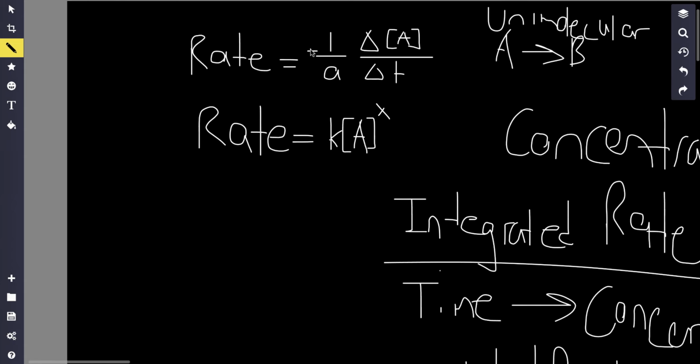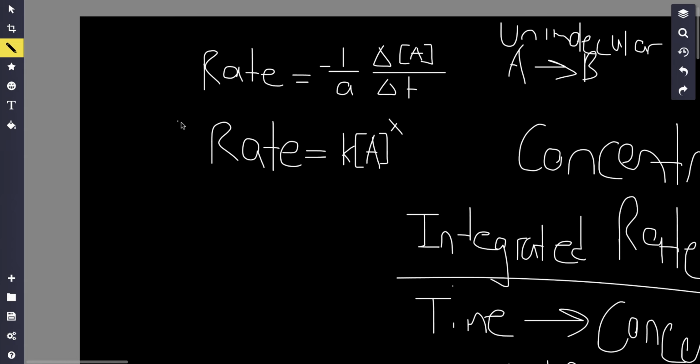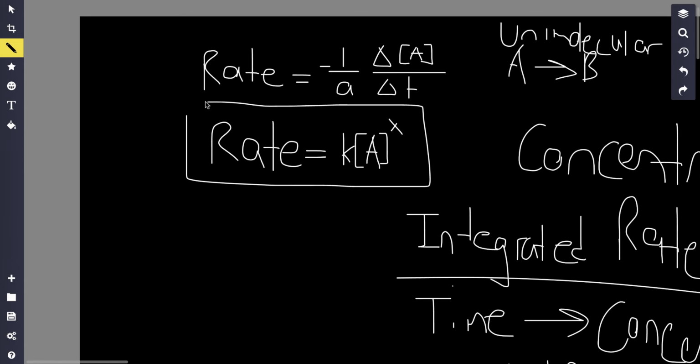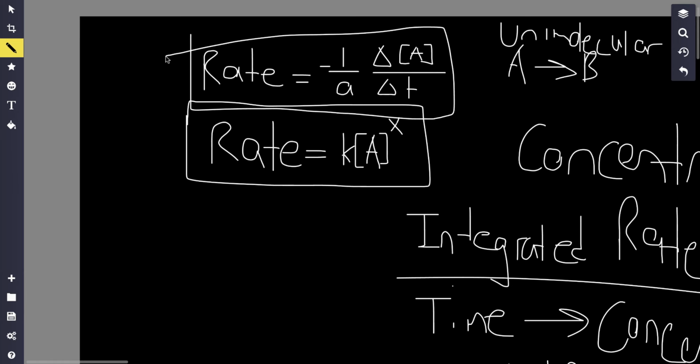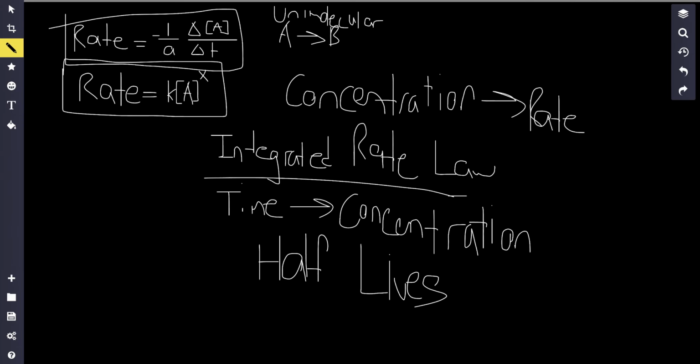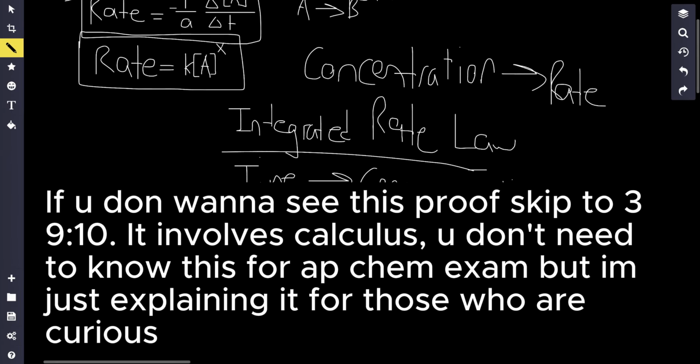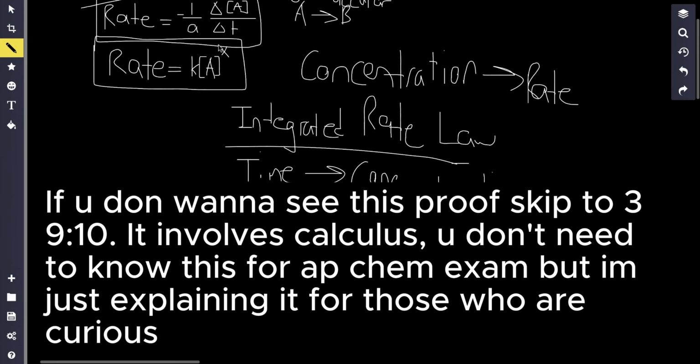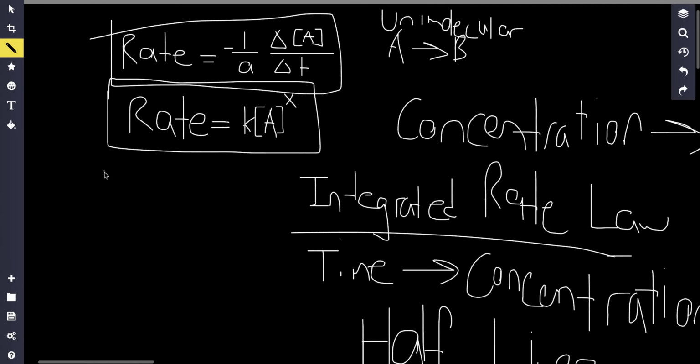Now notice how in the first part of the video, I said that the rate was equal to the rate constant multiplied by A to the reaction order. And for the second part of the video, I explored how rate is equal to this thing right over here. Because I'm lazy, I'm only going to do the proof for a first order overall reaction.